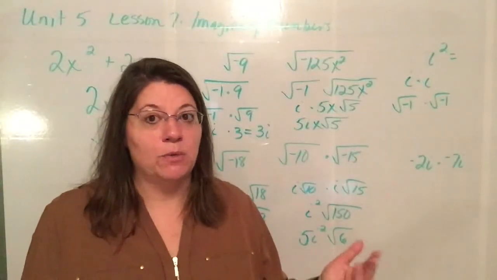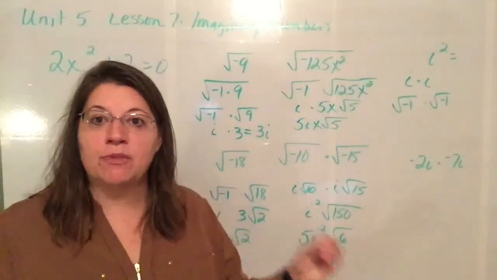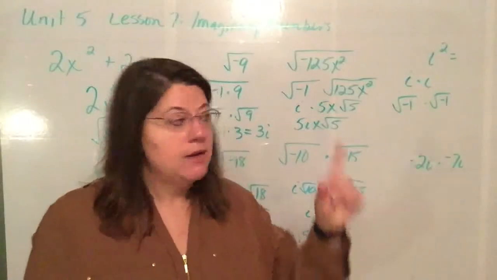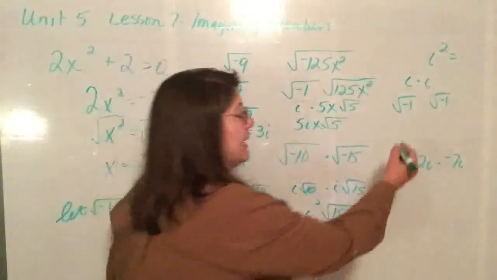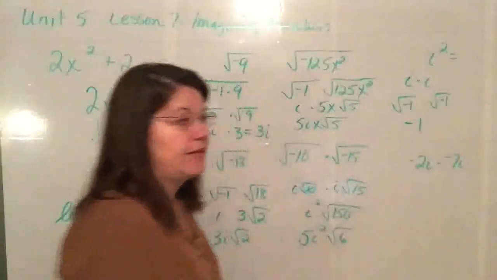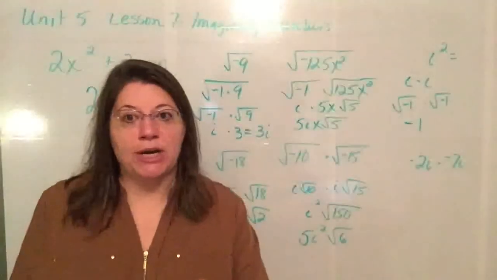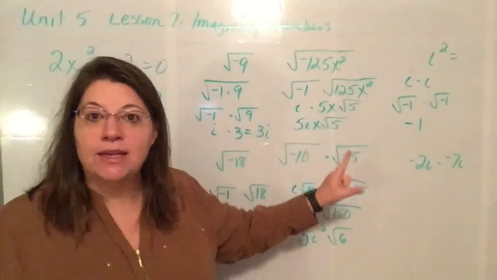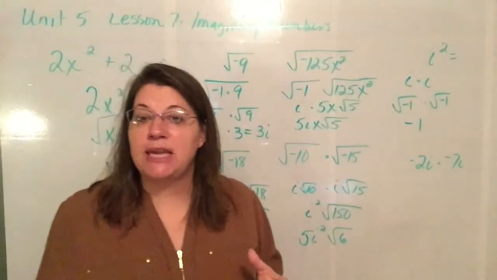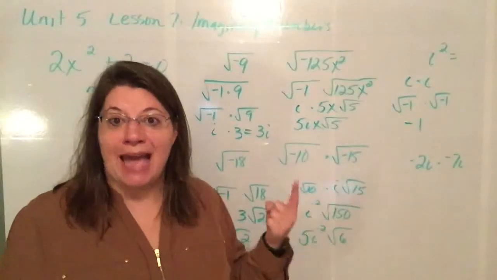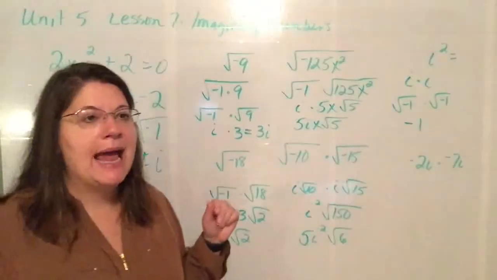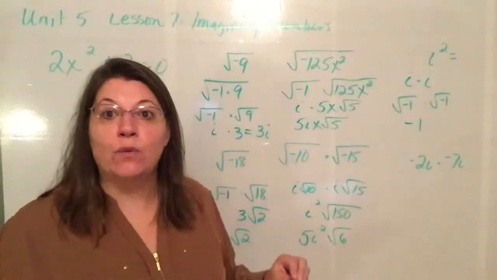What would that be? It would be 2. The square root of 5 times the square root of 5 is 5. The square root of -1 times the square root of -1 is -1. So you need to commit to memory: i squared is -1. So anytime you see i squared in an equation, understand the i is an imaginary number and i squared is -1.